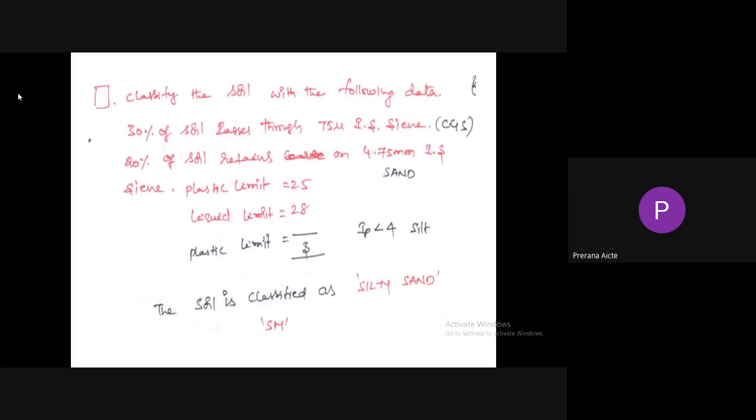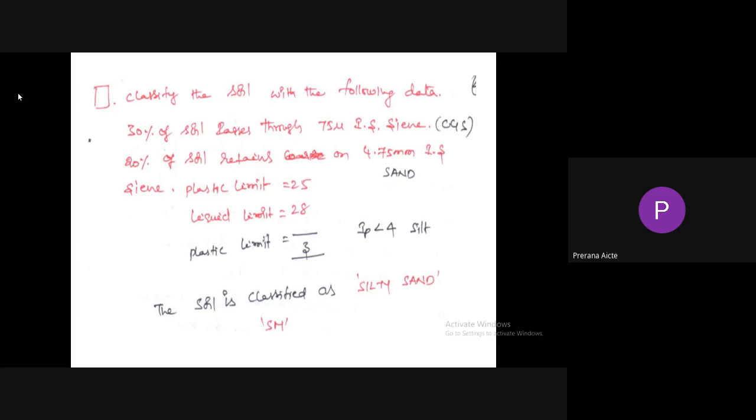So another problem, classify the soil with the following data. 30% of soil passes through 75 micron IS sieve. That means more than 50% is retained on 75 micron IS sieve, so it is called as a coarse grained soil.